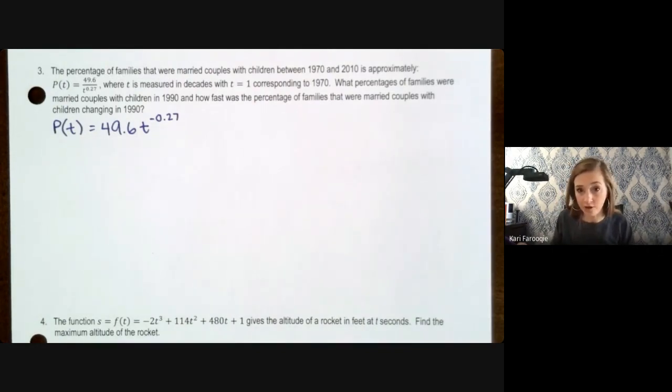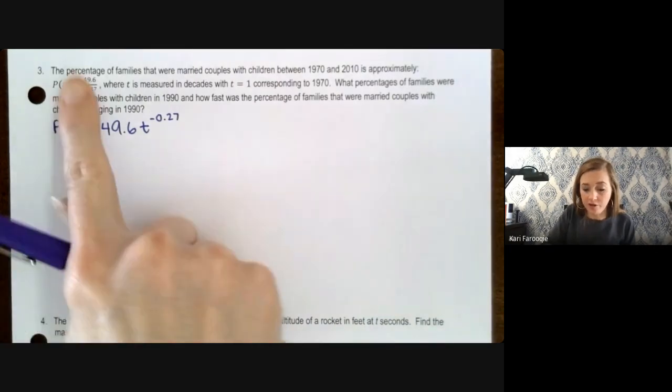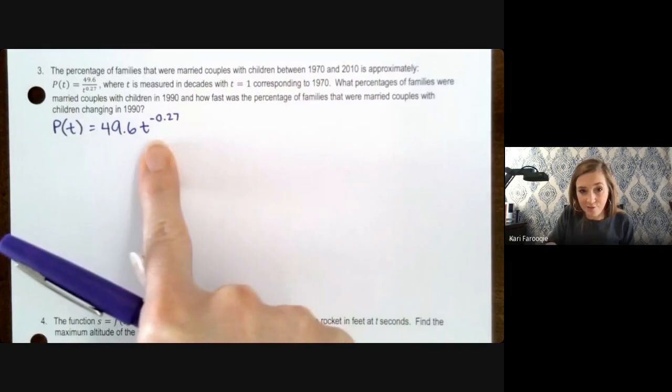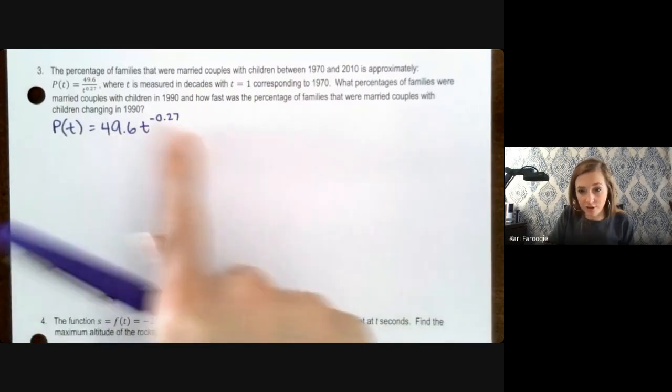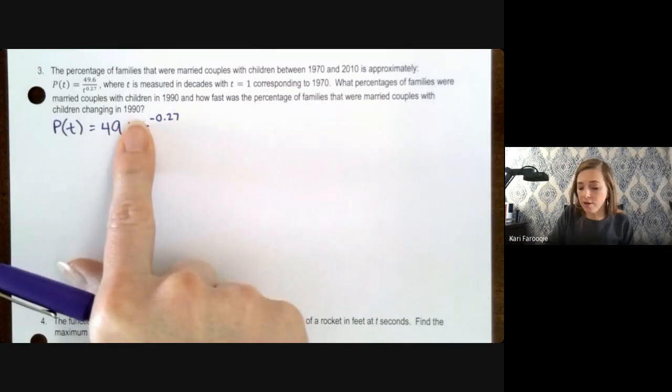You're being asked two questions here. Question one, what percentage of families were married couples with children in 1990? Well, we're going to find that just by using the original function. This function gives us the percentage of families that were married couples with children.